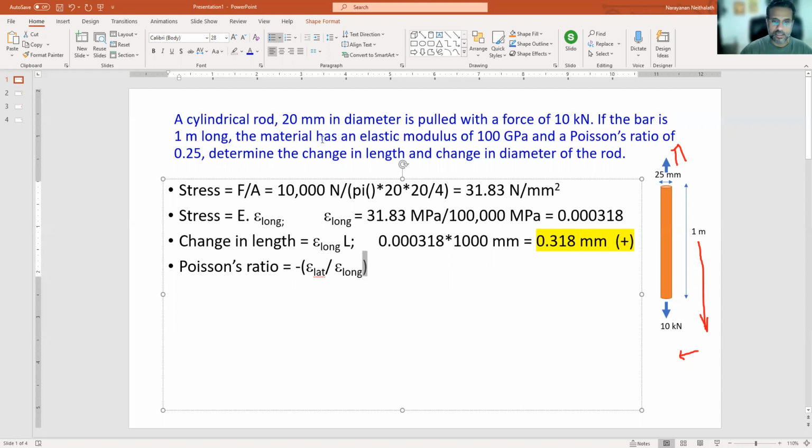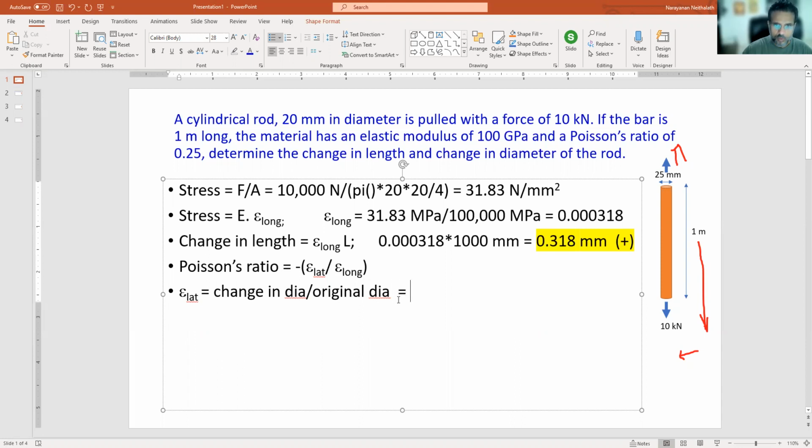Now, what is lateral strain? Lateral strain is simply change in diameter over original diameter. Again, these are all definitions that we have done. We don't know change in diameter, but what we know is given Poisson's ratio and longitudinal strain, you can find lateral strain.